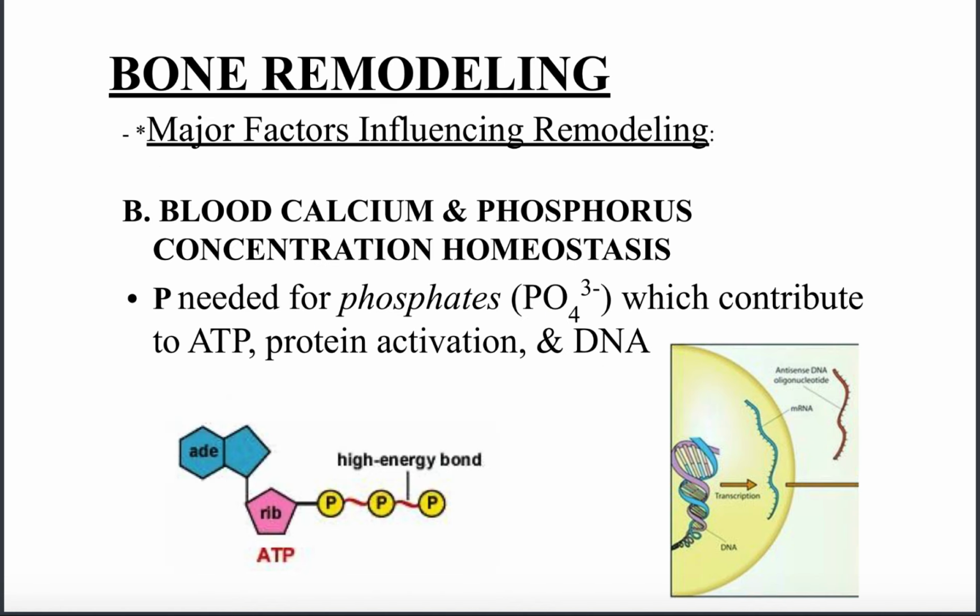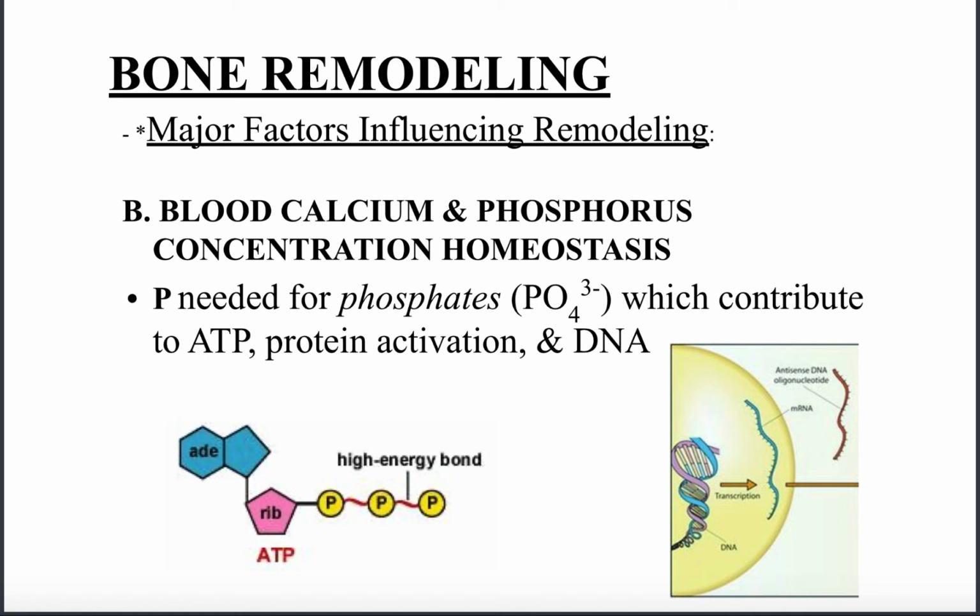Another factor that encourages whether or not your bone is being added to, or calcium or other minerals are being removed from it, is whether or not you have enough minerals accessible in your blood. Because phosphorus and calcium are really critical to a lot of functions in your body. Phosphorus is a key element in phosphate, and the ion phosphate is used in a lot of places.